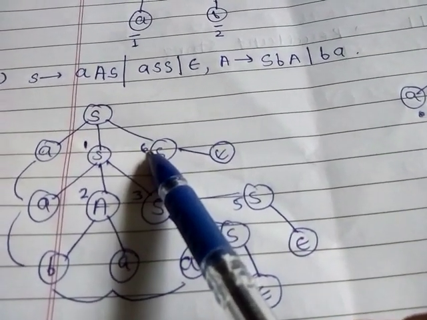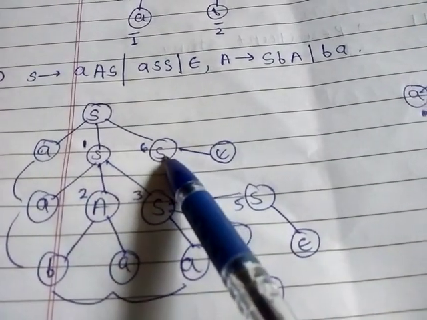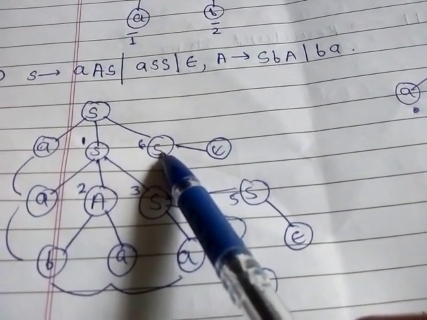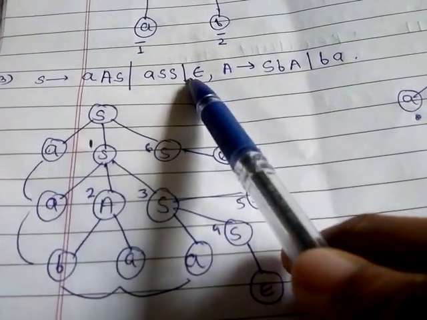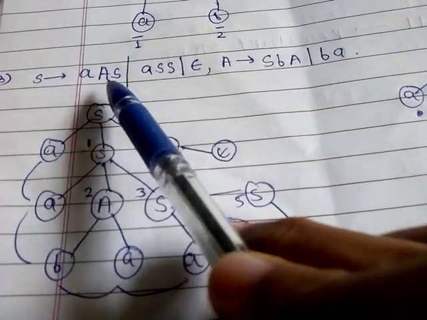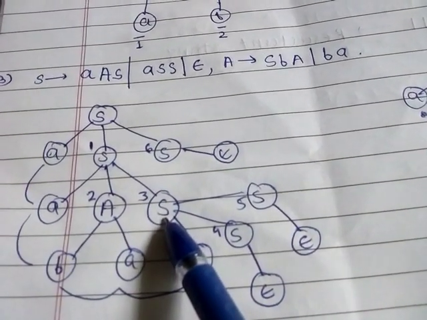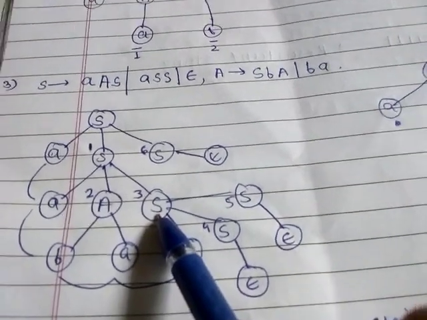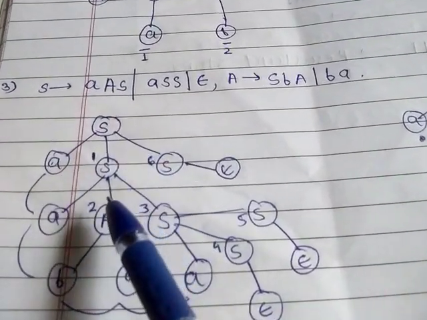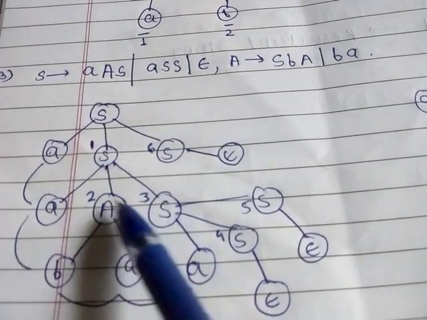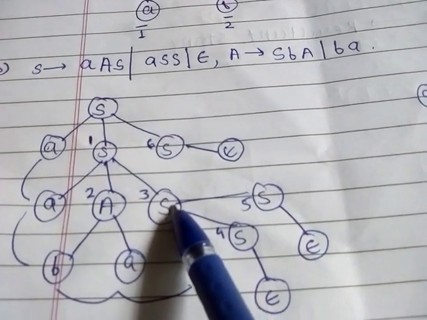In the left derivation, I always start from the left side. This S is present, and on the right side this S is present. So for a left derivation, I have chosen this S. For this S, I have applied the first production, that is small a, capital S. I have performed the operation from the first S. On the left side capital A is present, on the right side this S is present.